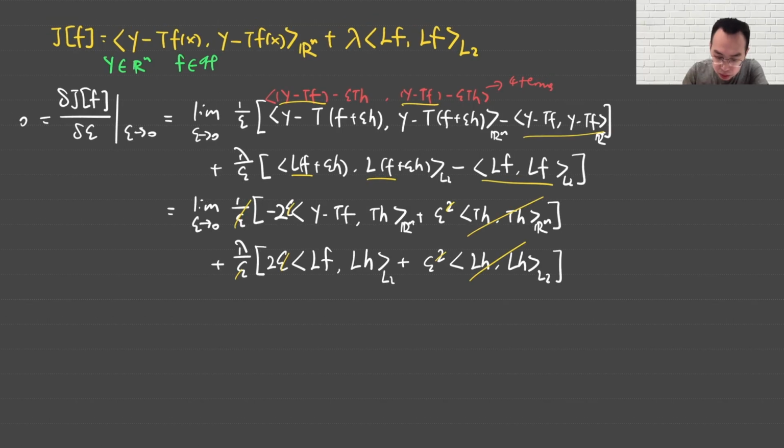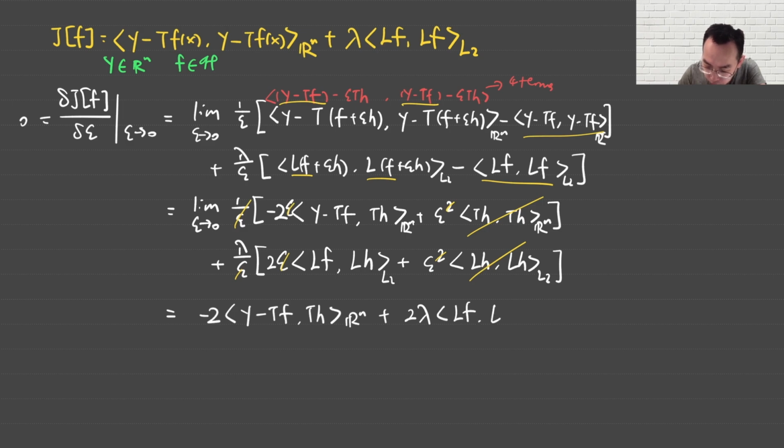This equals minus 2 times the inner product between y minus T f and T h in Rn, plus 2 lambda times the inner product of L f and L h in L2 space.